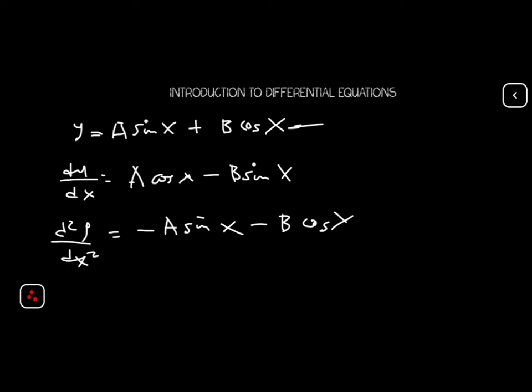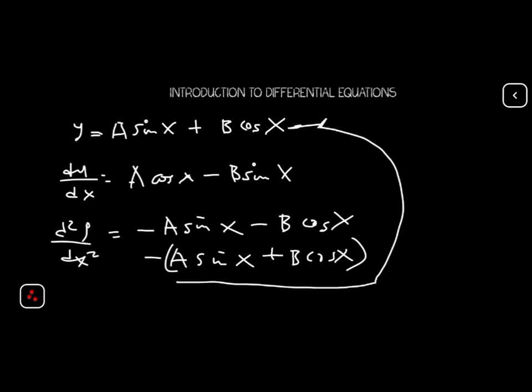If you notice, we can factor out a negative from this equation. If we do that, we have minus bracket a sine x plus b cos x. If you would agree with me, this is equivalent to y.